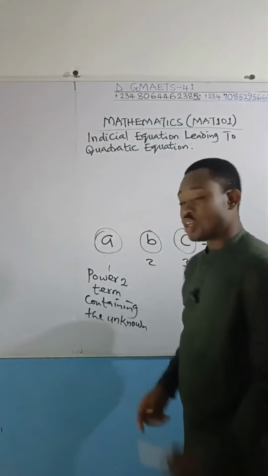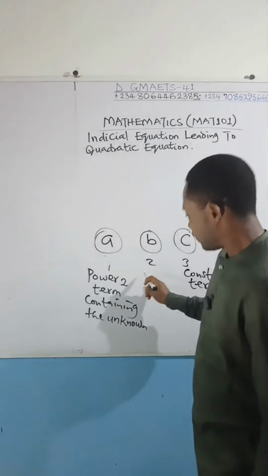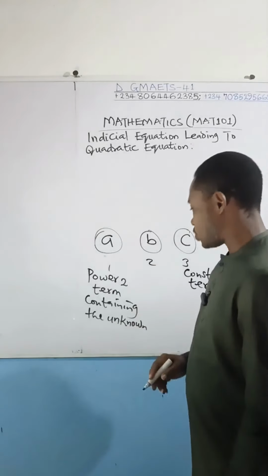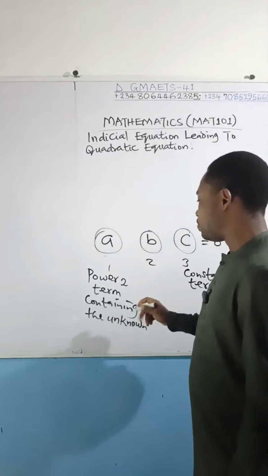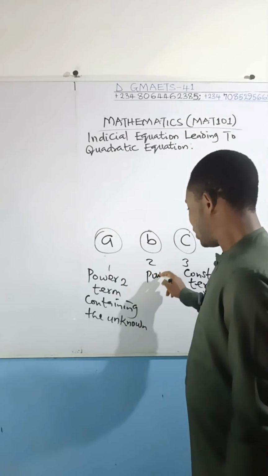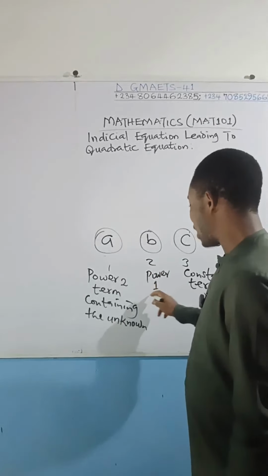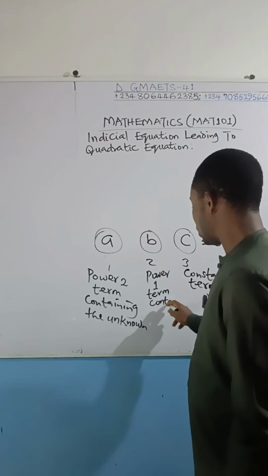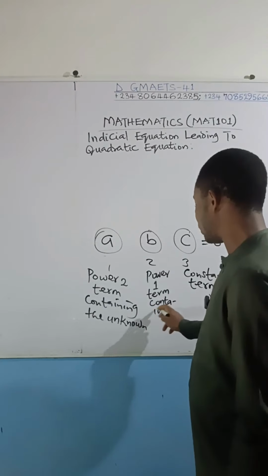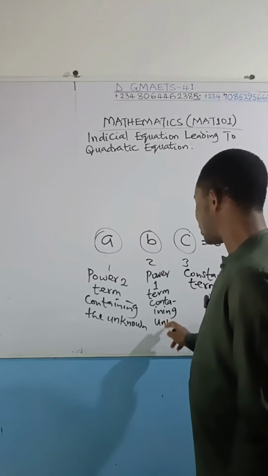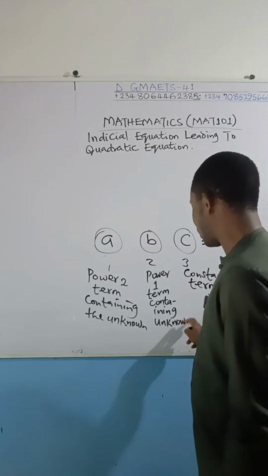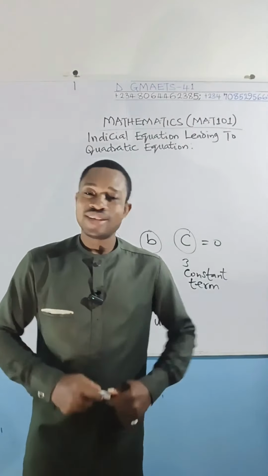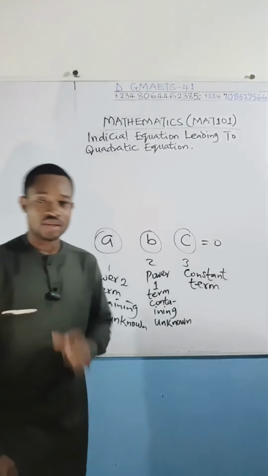Then look at this second term. Here you're going to have the unknown as well, but this term would bear power 1. Power 1 term containing the unknown. So this is generally how we identify an indicial equation leading to quadratic equation.